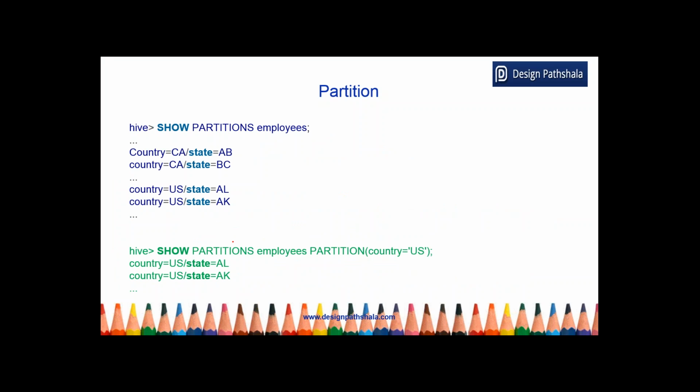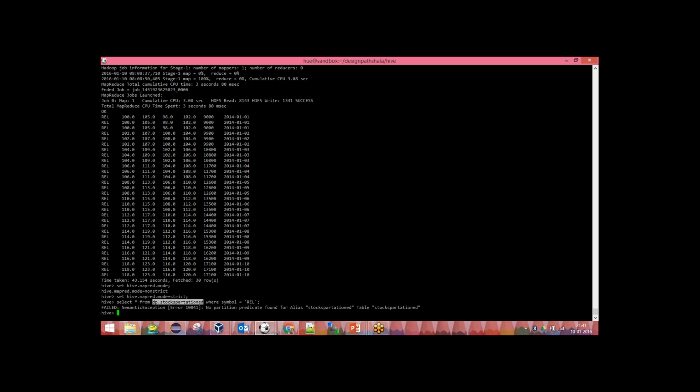Once you run it, it will stay for that user session. In the same user session, if you have to come back to strict again on the partition, do you have a command to do that? Again, you have to set it in your session, or you can set it in your global hive.xml and from the Ambari configuration. So when your Hive starts up, that is by default enabled for all the sessions.